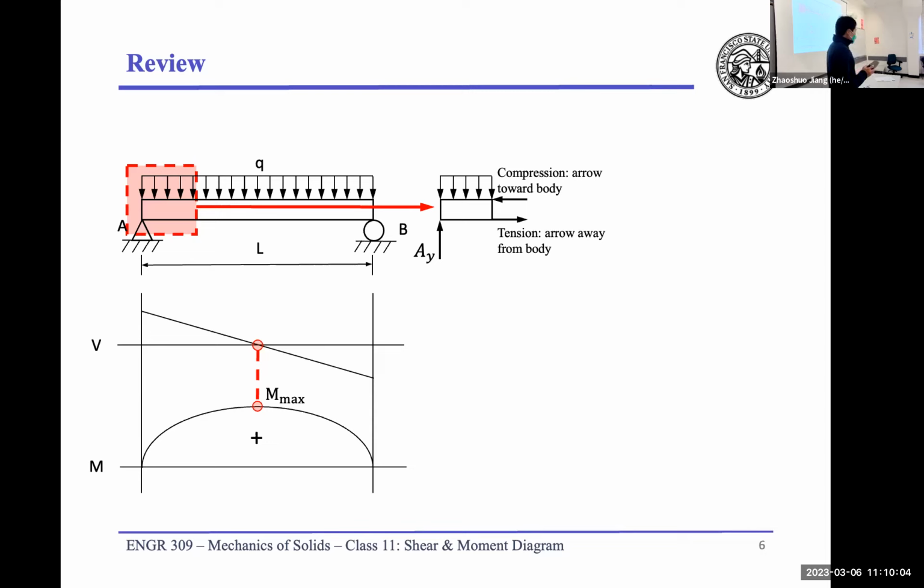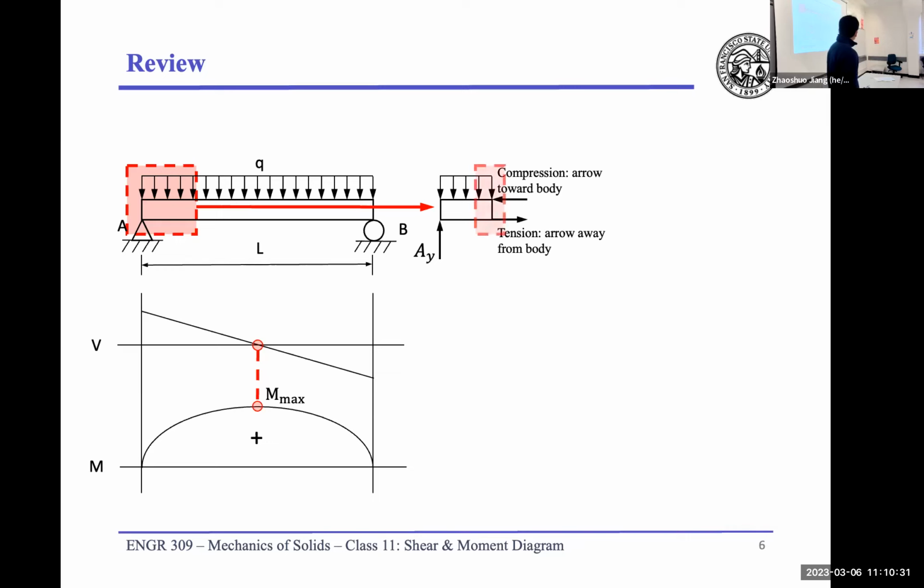Now, if you look at the cross section, the top fiber is in compression, the bottom fiber is in tension. So there has to be a transition point in between, right? Somewhere along the cross section there is a transition between compression and tension, right?